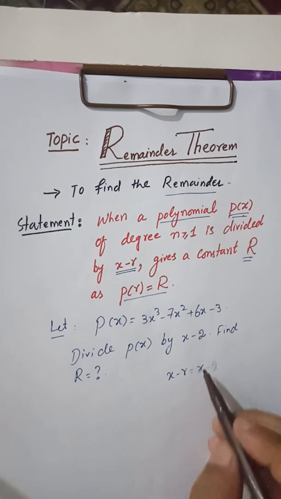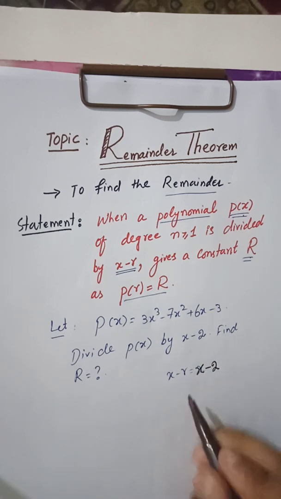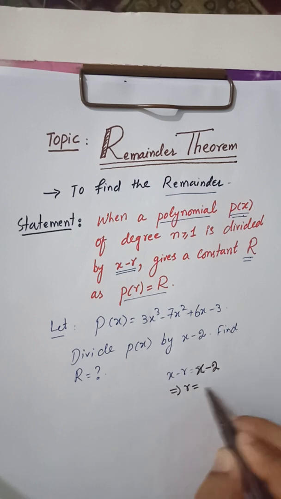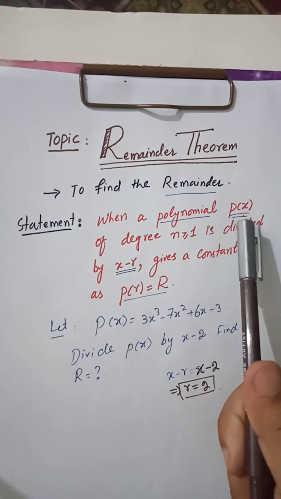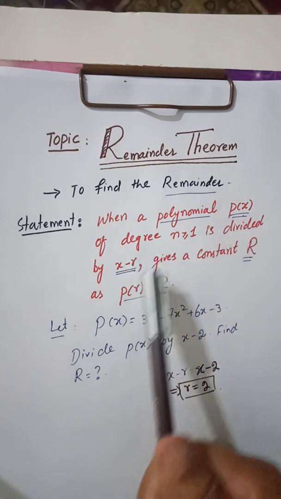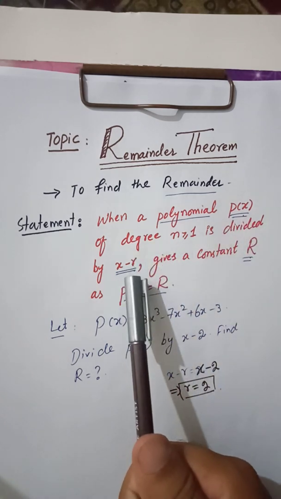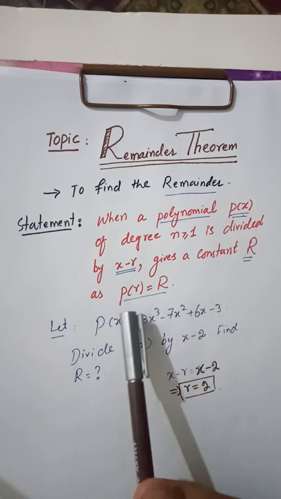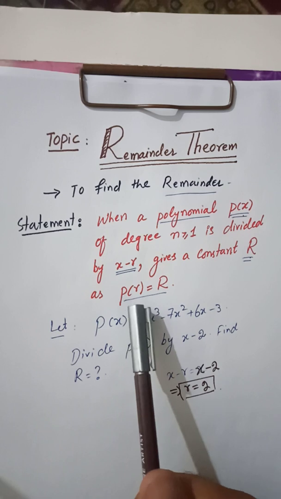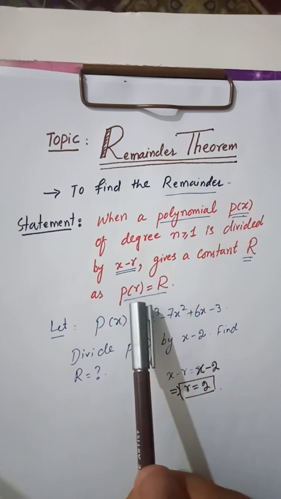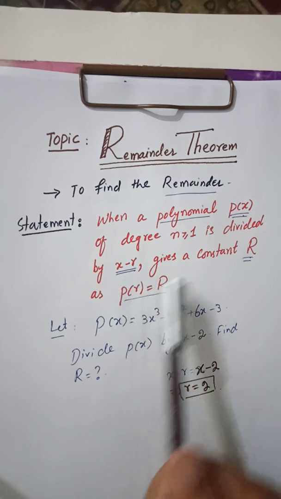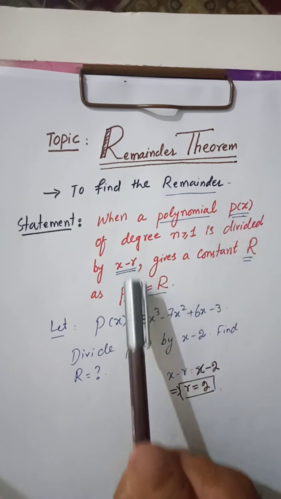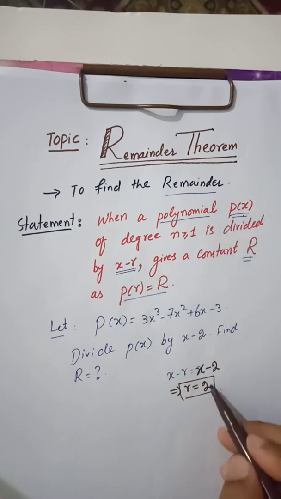When you compare x minus 2 with x minus r, you get r equal to 2. So this theorem says that when a polynomial p of x is divided by x minus r, the remainder, which is a constant, is calculated by replacing x in the polynomial by r. So here the value of r is 2.